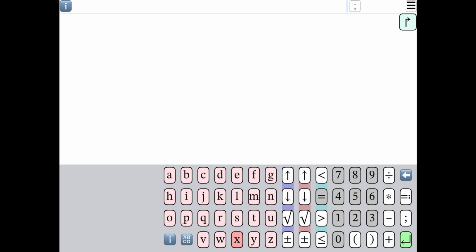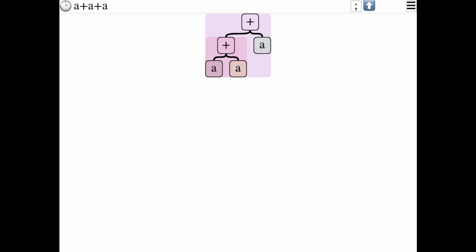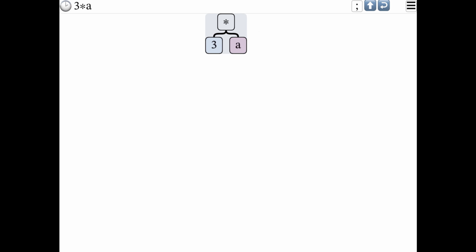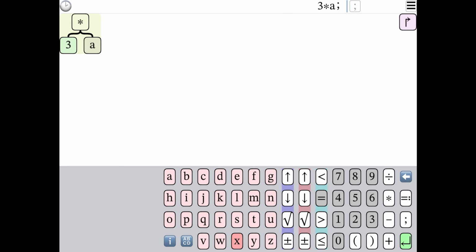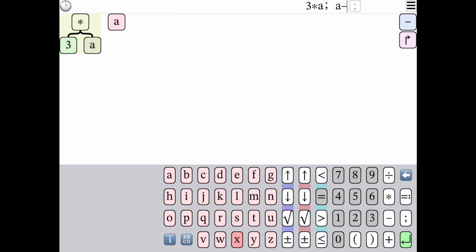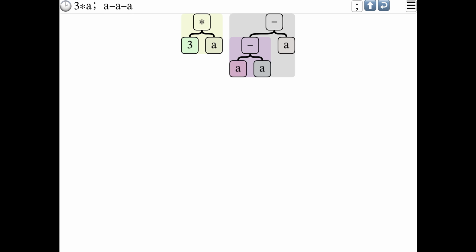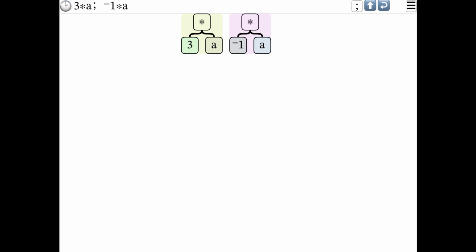So far, we've factored expressions only over addition. But you can factor over subtraction too. Or some mix of addition and subtraction.